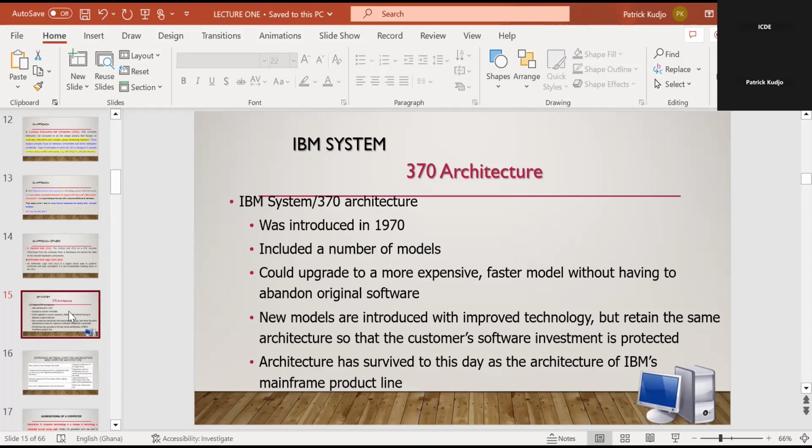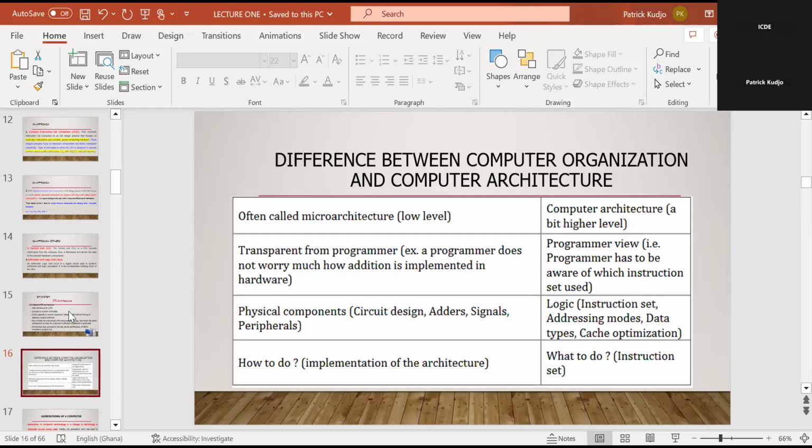Now, we need to clearly distinguish between computer organization and computer architecture. It is very important that we know the distinction. Computer organization is often called the microarchitecture. It is at the lower level.